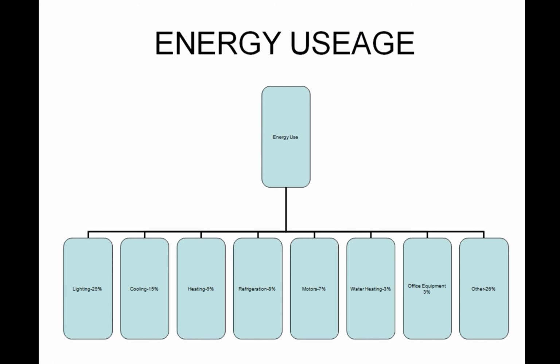And then refrigerators, motors, hot water, are other big users of electricity, and office equipment, although 3%, is one of the major contributors as well. And then all other things combined is another quarter of your usage, most likely in an office type environment.